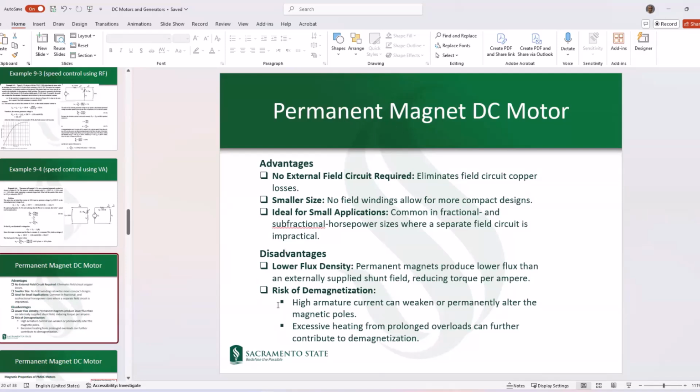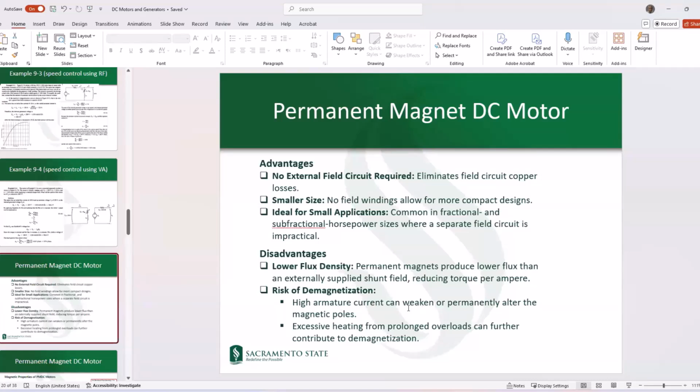Another important disadvantage associated with permanent magnet DC motors is that they have a risk of demagnetization. So what is that? We know that there is a permanent flux existing in the permanent magnet. However, because of the armature reaction, we would be opposing that original permanent magnet flux, so that there is a danger that the resultant flux gets very weakened.